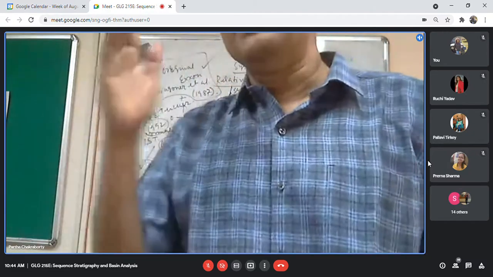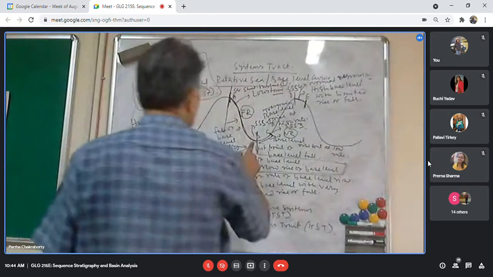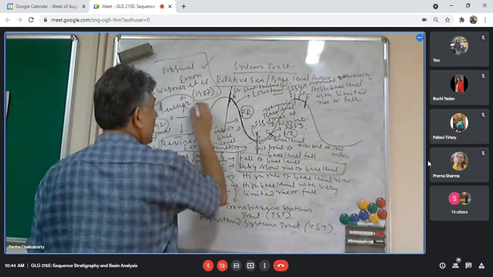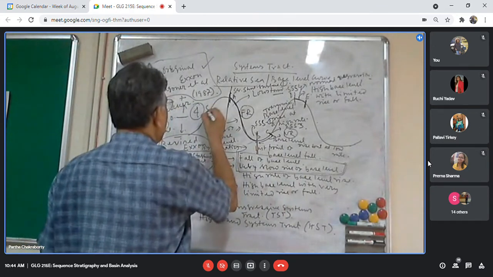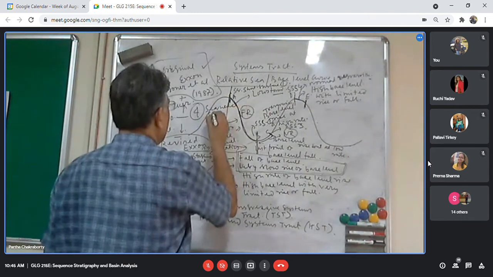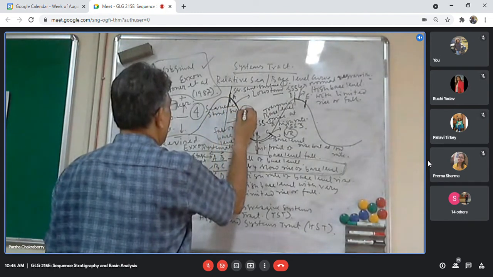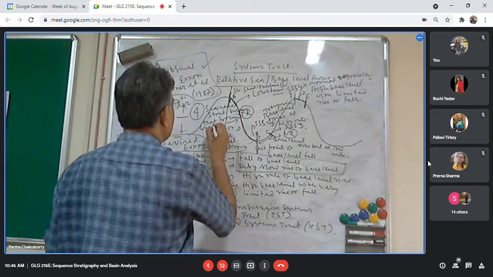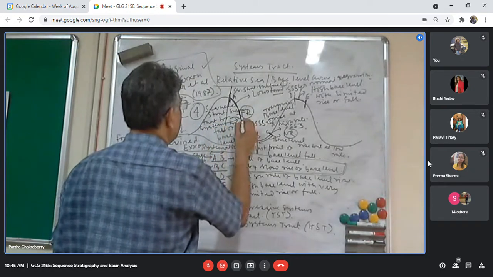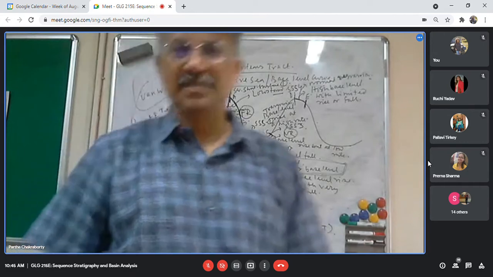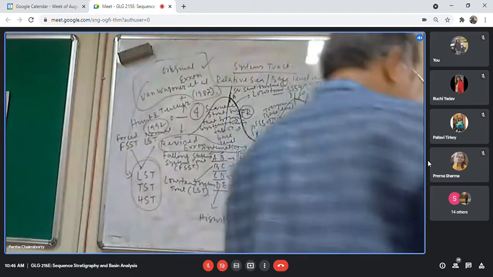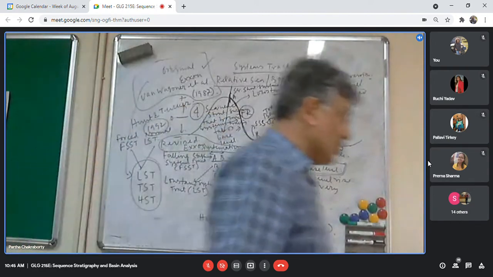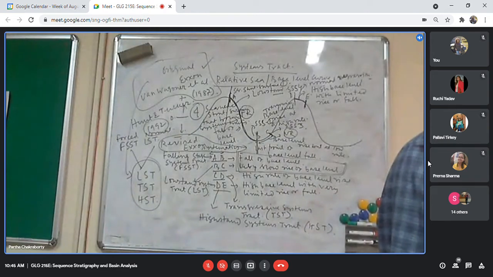There are four sequence stratigraphic surfaces that bound the system tracts. What are those sequence stratigraphic surfaces which will bound these system tracts?